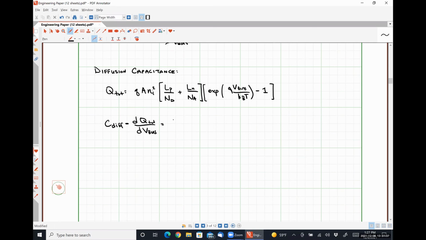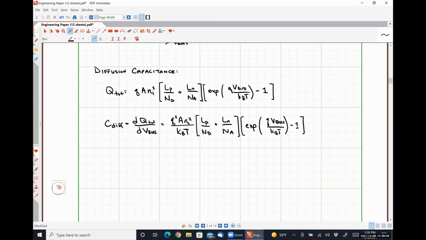And so this becomes Q squared A N_i squared over k_B T, times L_P over N_D plus L_N over N_A, times exp of Q V_bias over k_B T, minus 1.